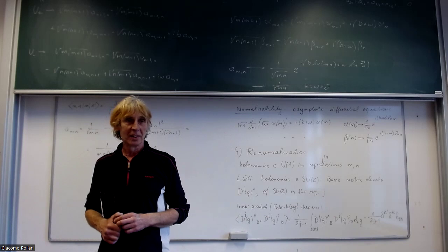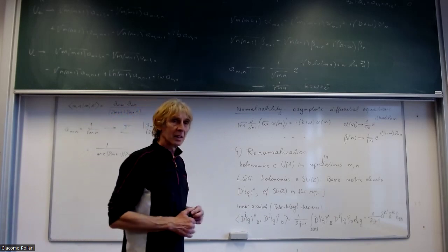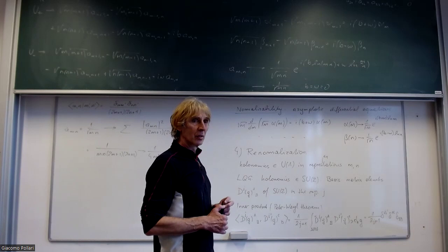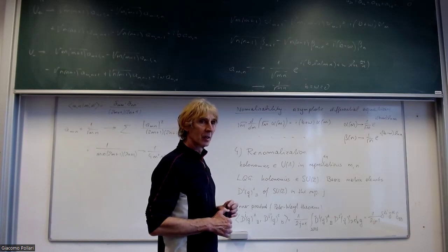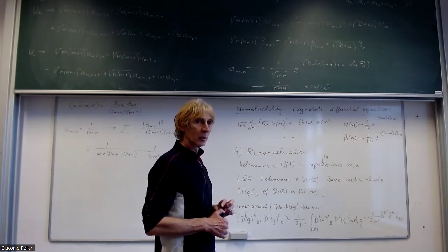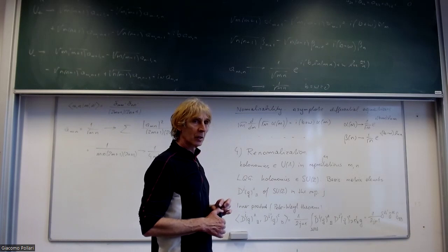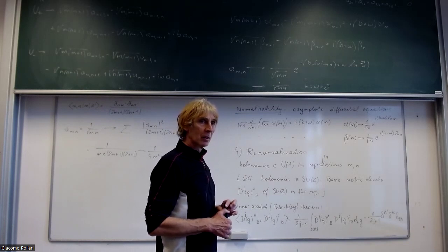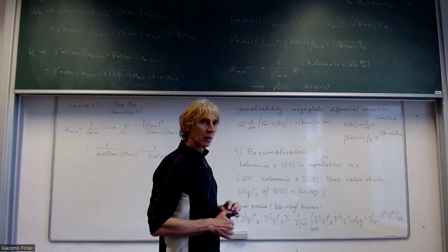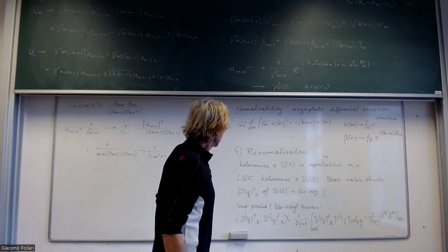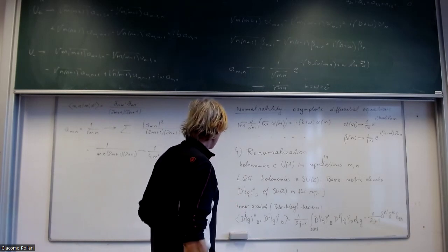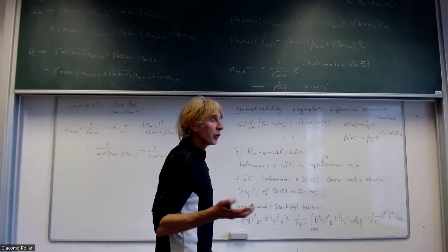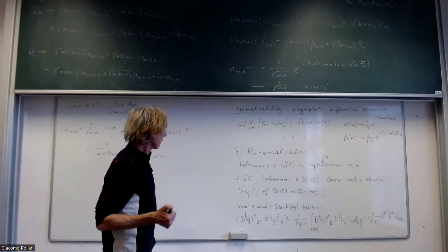No, I thought you could make some stronger kind of argument, saying that inside SU2 I can fit some U1 subgroup that I'm looking at, and then the representation of the SU2 is somehow related to that subgroup. This could be done, yeah.